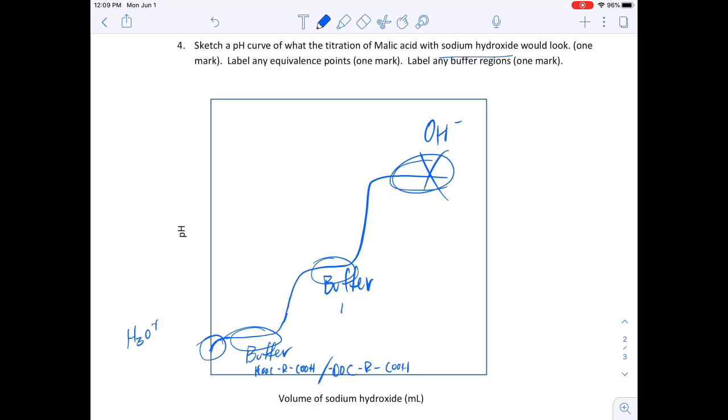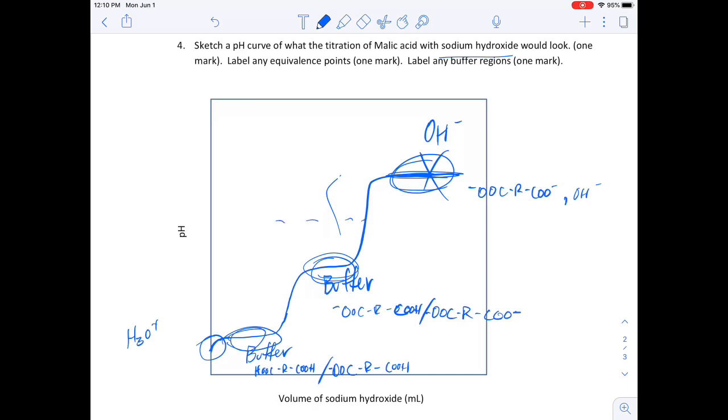In here, we're going to have that negative OOC-R-COOH, and then the diprotic base. But up here, we're going to just have that negative -OOC-R-COO negative and hydroxide. And so that part is not a buffer, but this is and this is.